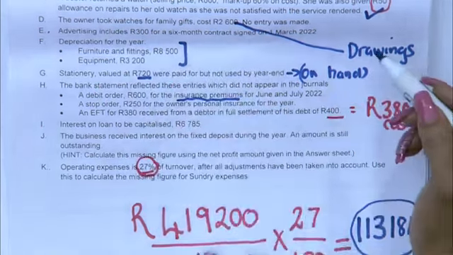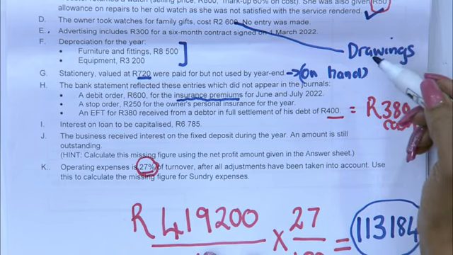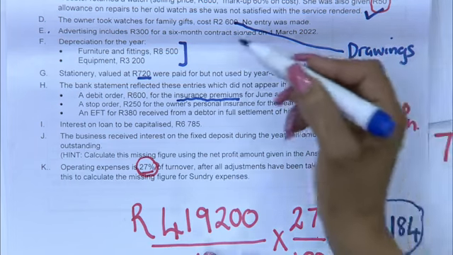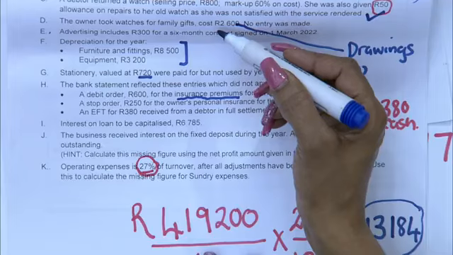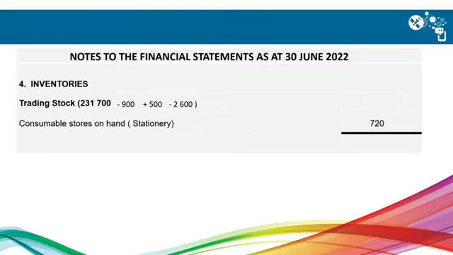And I told you that will be drawings, so it will affect drawings later, but it will also affect the stock. Therefore, the 2,600 for the drawings taken by the owner will now affect the stock. The new amount for my trading stock is now 228,700.